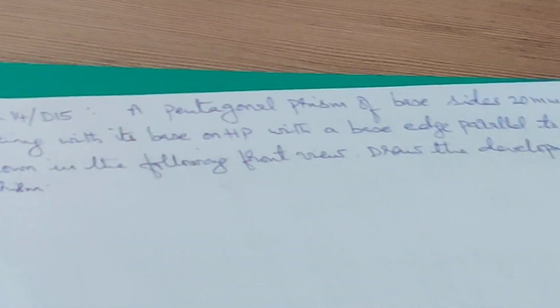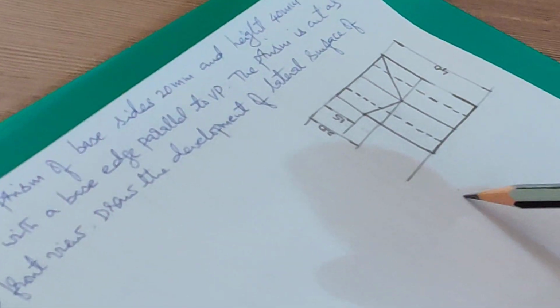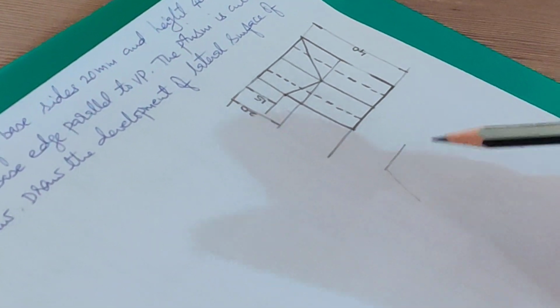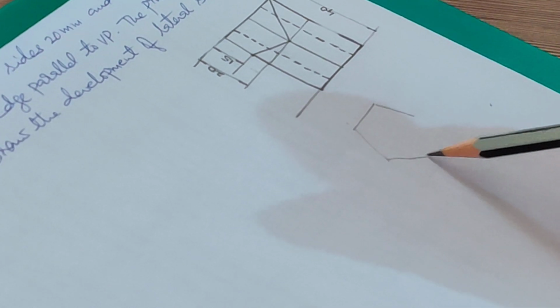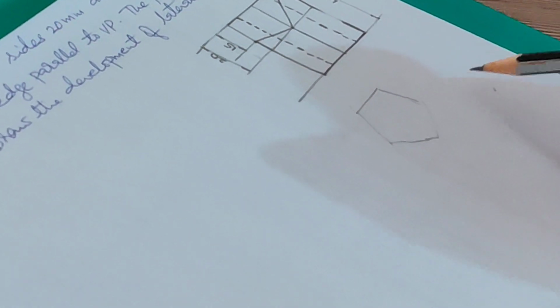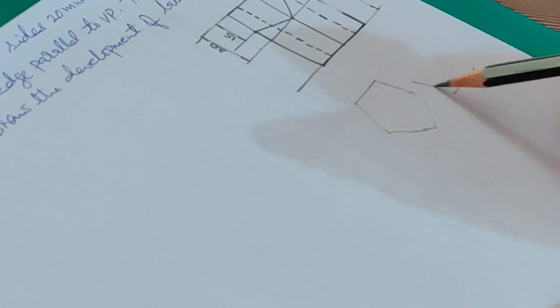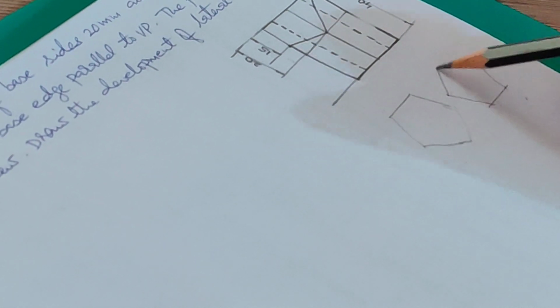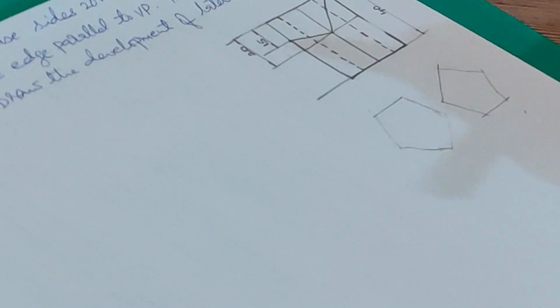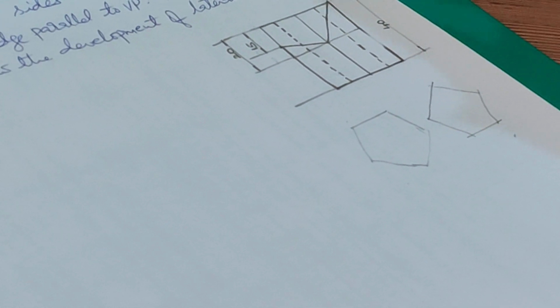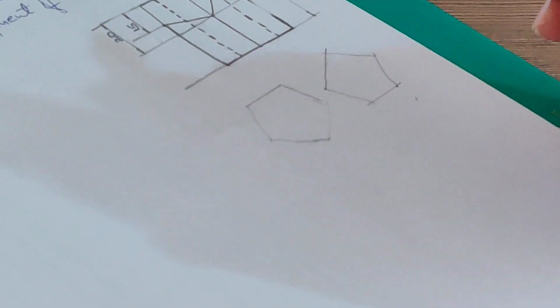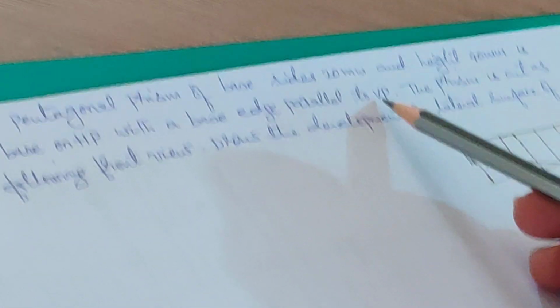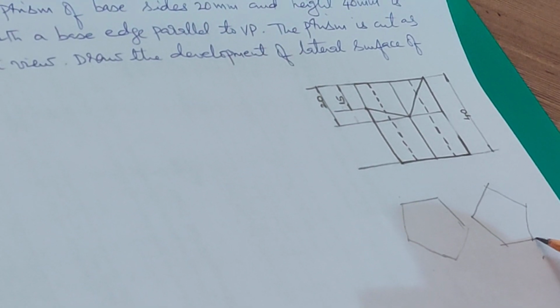Now the question is whether you should draw the base edge, the pentagon like this, or you should draw the pentagon like this. That is the problem in front of you now. You should decide. You are just given that a base edge is parallel to VP. So can I take it nearer to XY line or should I take it away from XY line?